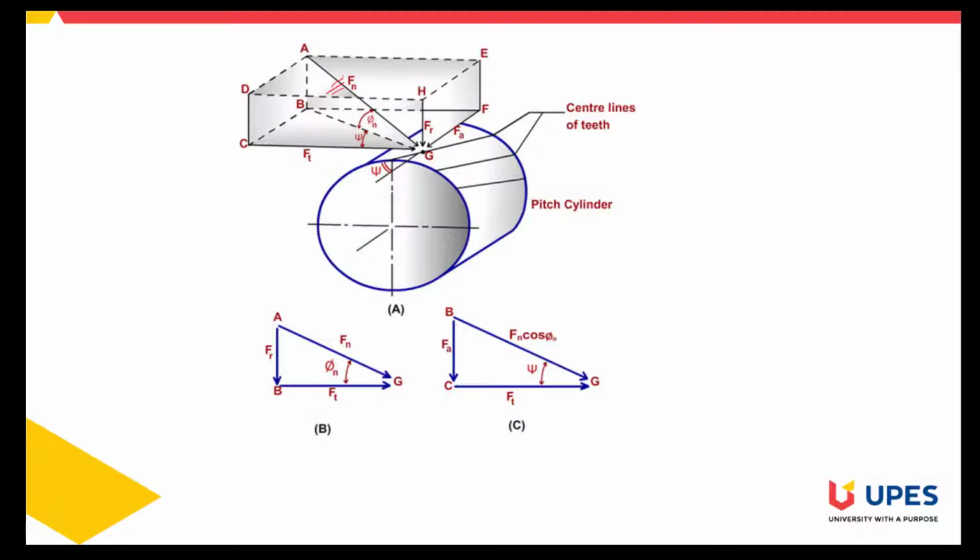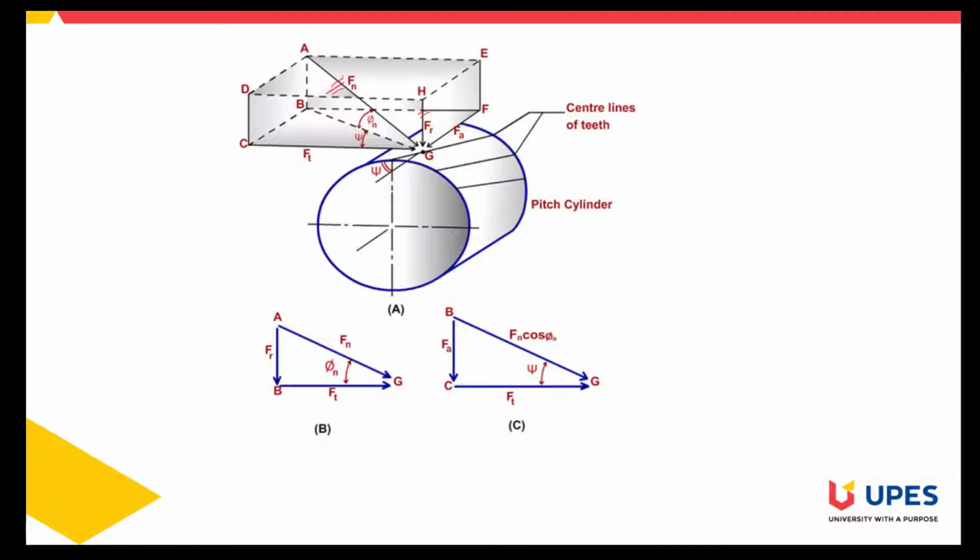We have drawn a cuboid, and the force is diagonal to this cuboid. Now we can resolve this force Fn into different components. One component of force comes like this, and this component we call the radial force.